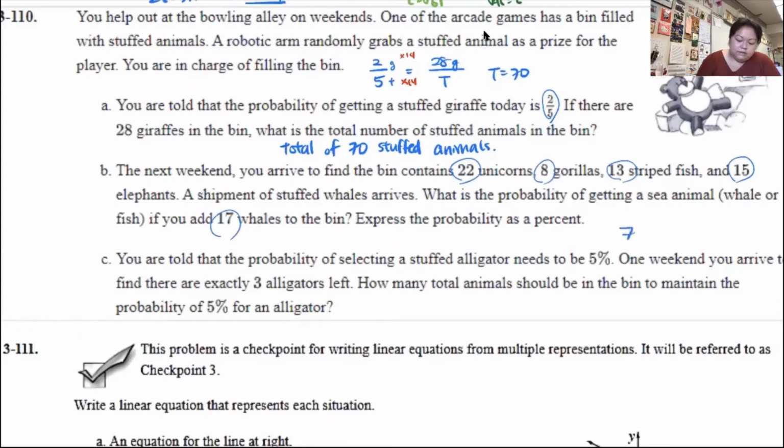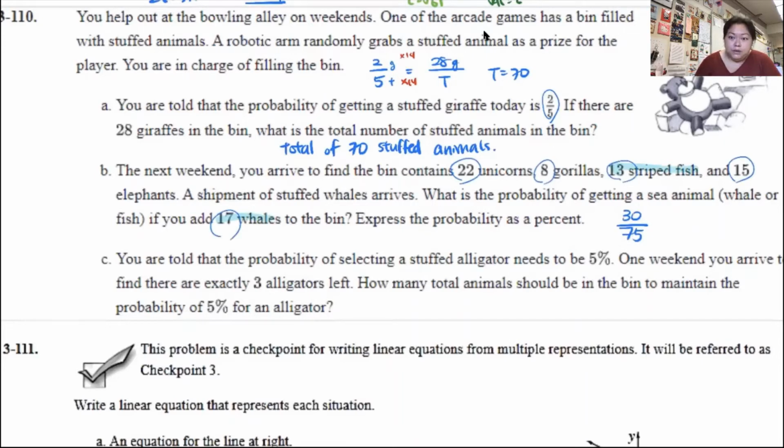So a total of 75. A whale or a fish, which one's a whale? A whale is here, 17 whales, and striped fish is right here. So that is a total of 30. 30 out of 75, okay? So you can reduce it down.